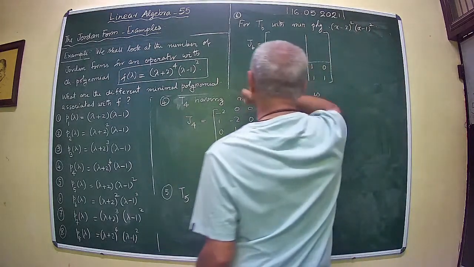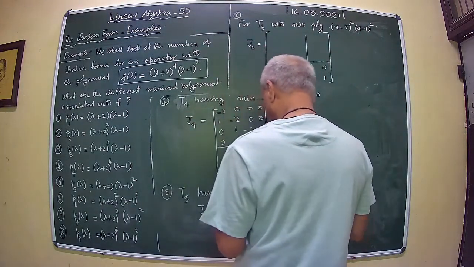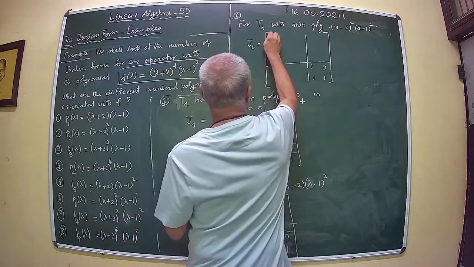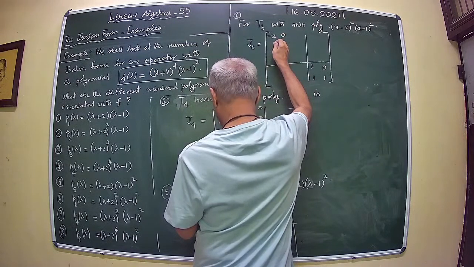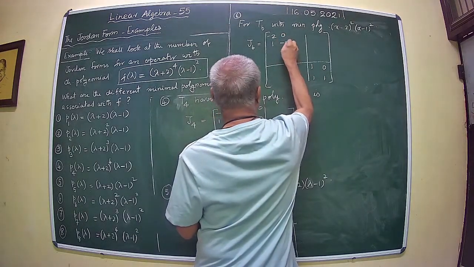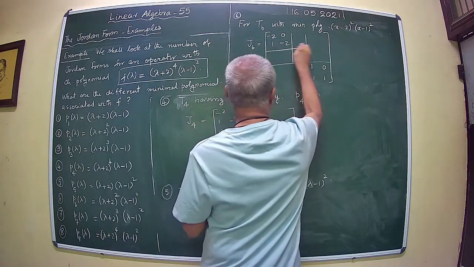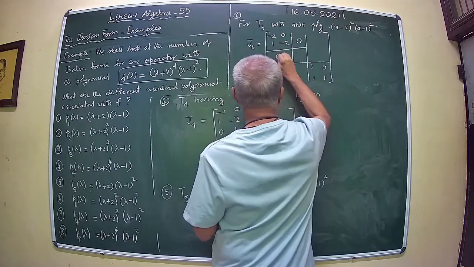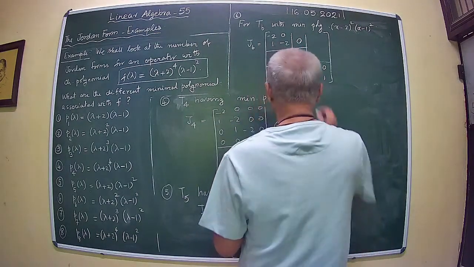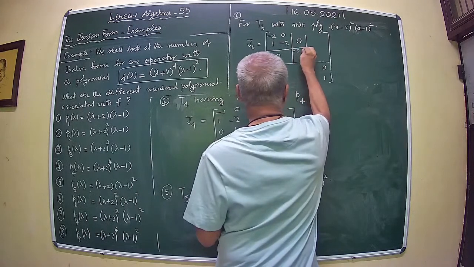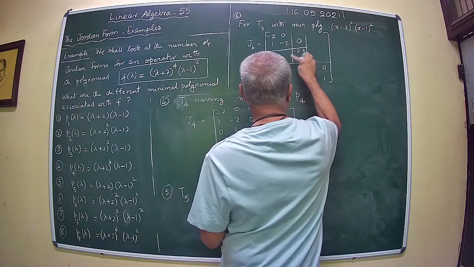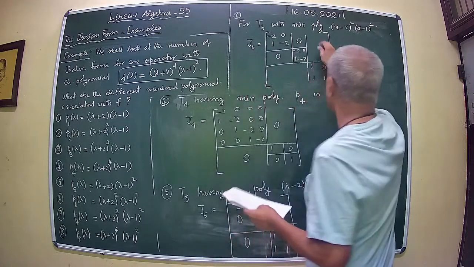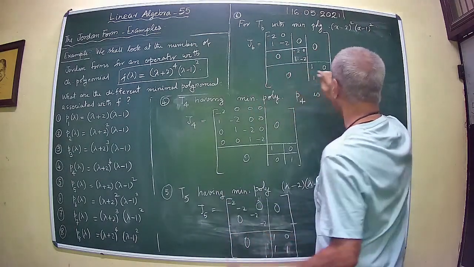This part you have the following forms: minus 2, minus 2, then you have minus 2, 0, 0, minus 2, or 1, minus 2. This is one form.